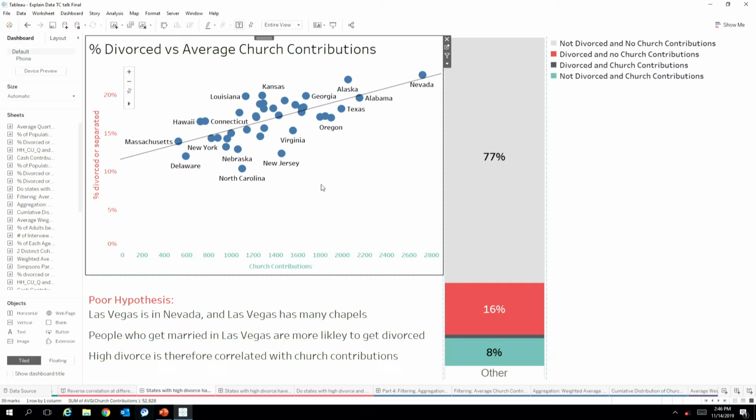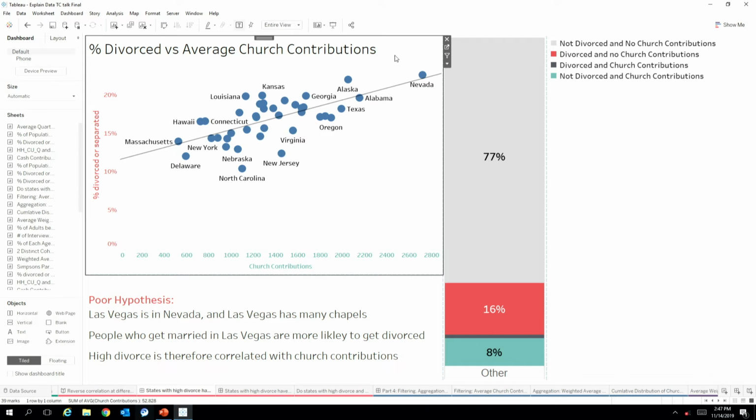Oh yes, another thing I wanted to mention is that when you're trying to explain why this relationship exists, a common tendency is for people to look at the largest value and then try and explain the relationship based on something they happen to know about it.